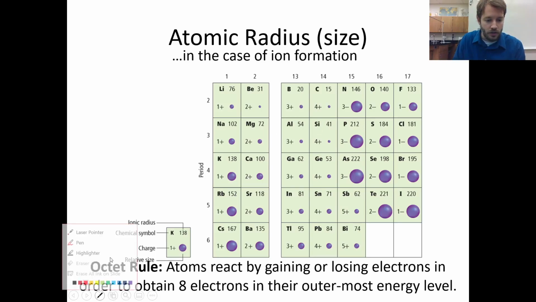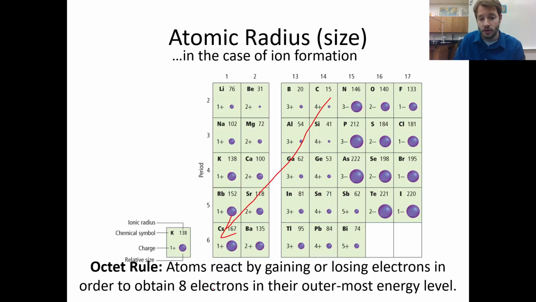And so the trend here is that for the positives, we're increasing in size from carbon all the way down to cesium, and then the trend kind of resets for fluorine. Fluorine is the smallest negative ion, and it increases in size down toward arsenic.